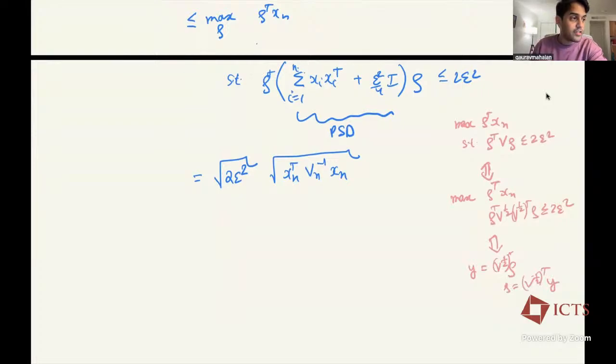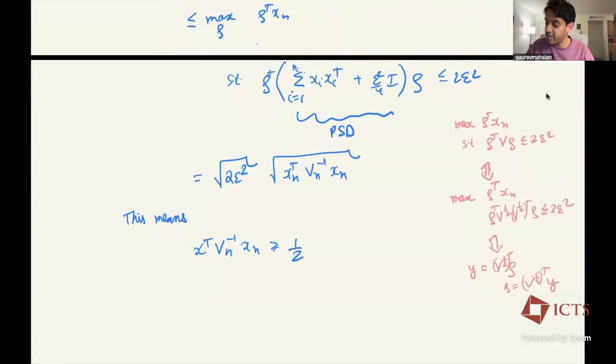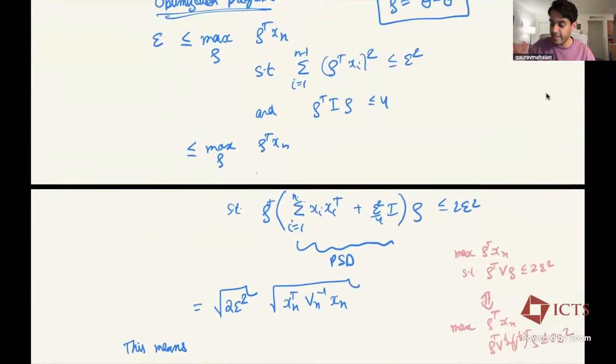All right. But what this means is that the norm of xt in the Vt inverse basis is going to be more than half, because this has to be more than epsilon.